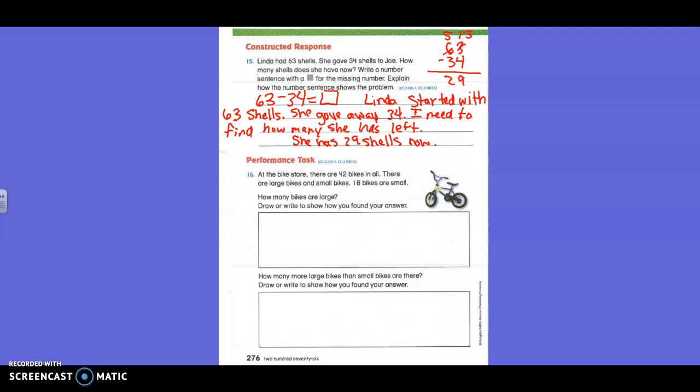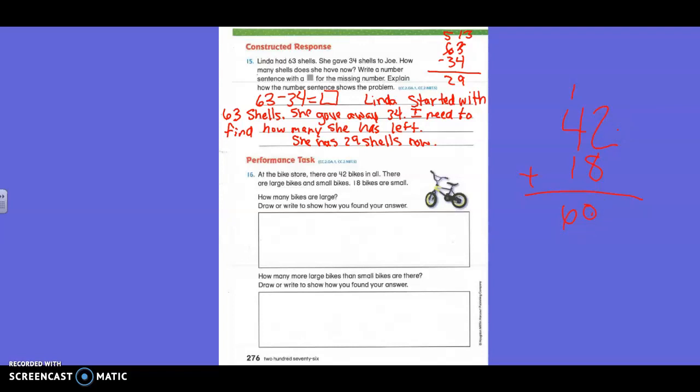Okay. So if I told you that there are 42 bikes in all, that means that's the biggest number, right? And if we add 18, aren't we going to have an even bigger number? 8 and 2 is 10. Add 1, 4, 5, 6. That's 60. 60 is bigger than 42.